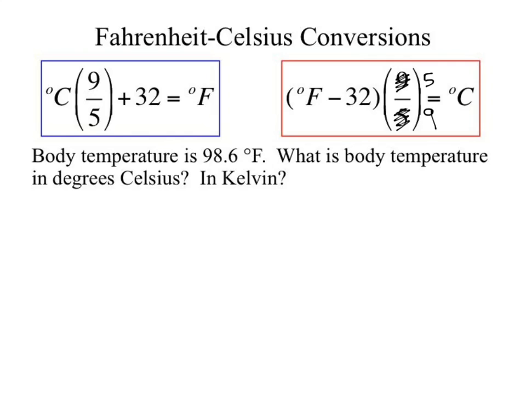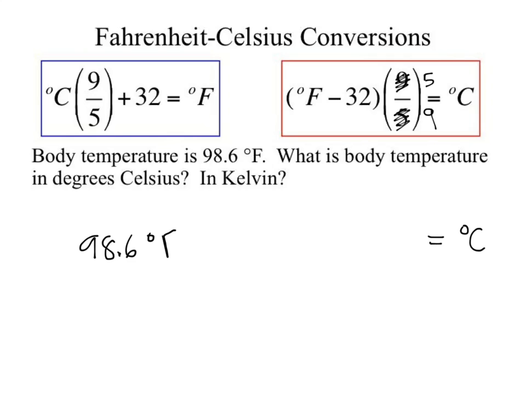We should set this up like we set up all other problems. Where do we want to end? We want to end in degrees Celsius. Which of our two equations gets us degrees Celsius? Red or blue? Red.